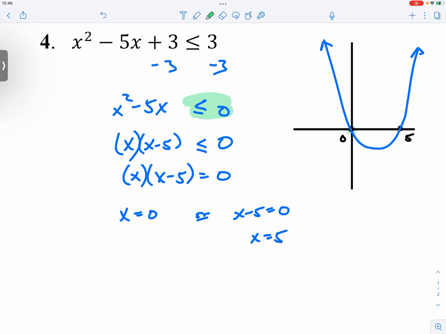It will be any x values between 0 and 5. Okay. So that means if you pick any values from 0 to 5, you put it back into the quadratic expression right up there, you will get a true statement. Okay, you will get a true statement.